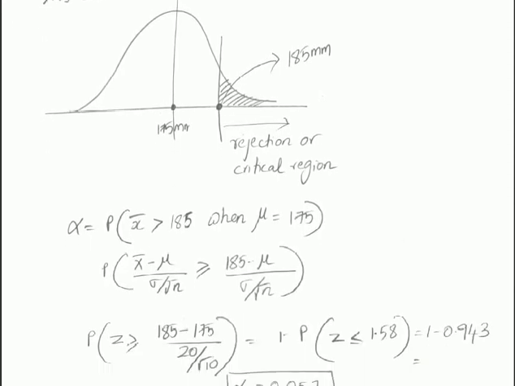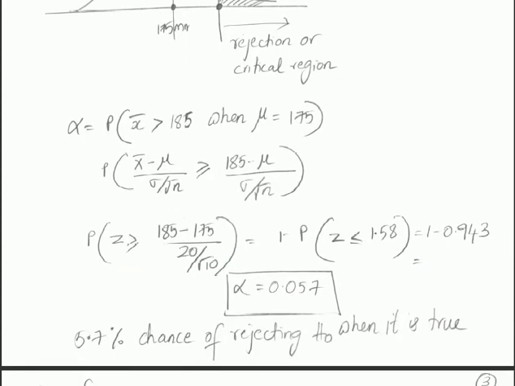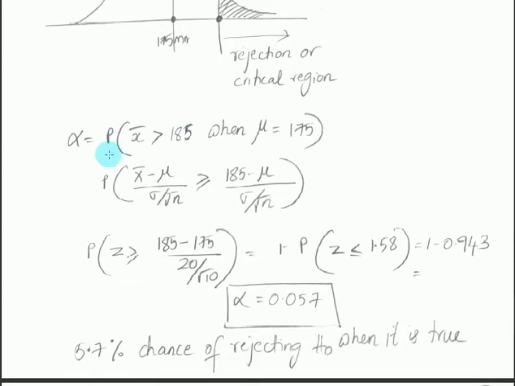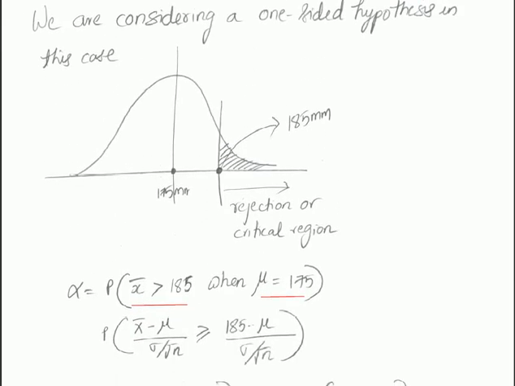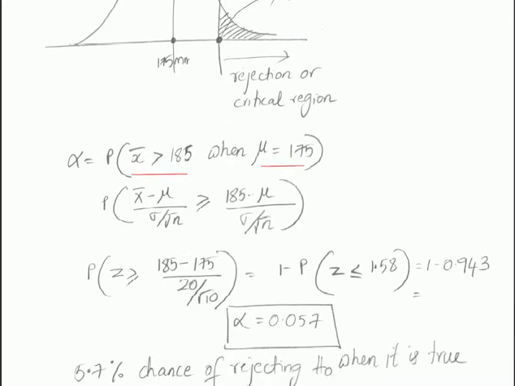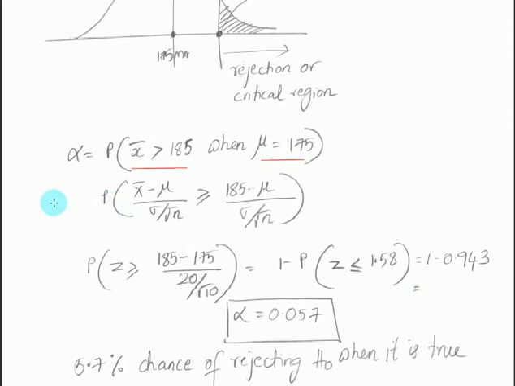So how do we compute alpha? Alpha is really the probability that x bar is greater than 185 when mu is equal to 175, because that was the hypothesized mean, and this is our rejection criterion, being greater than 185. Since alpha, or the type 1 error, is rejecting the H naught when it is true, we have to compute it this way, just like we did before.